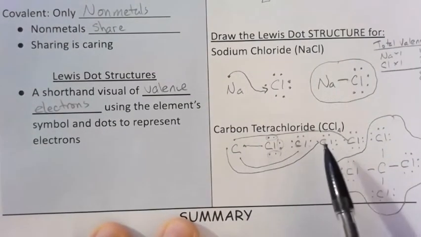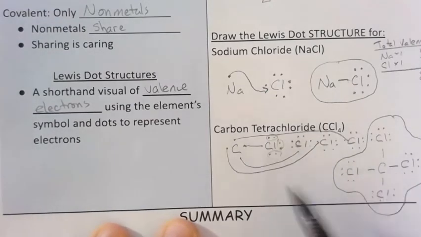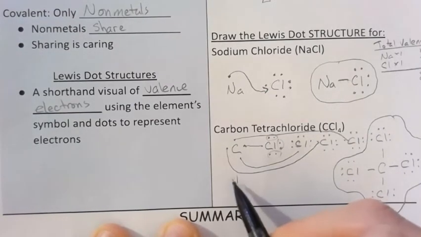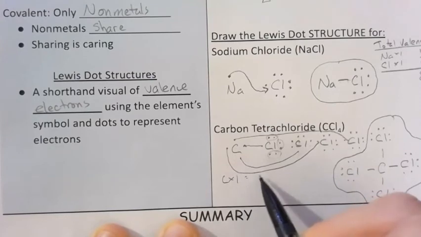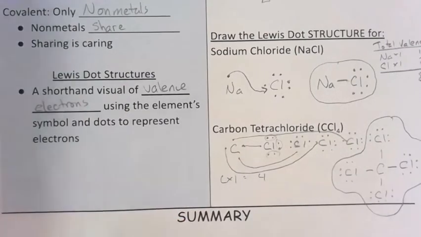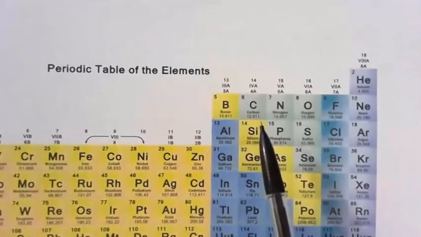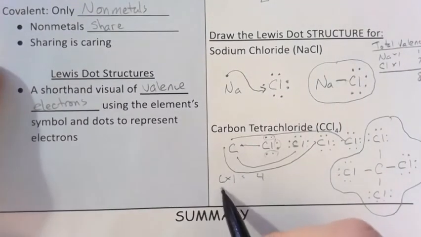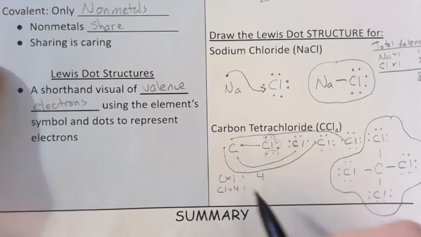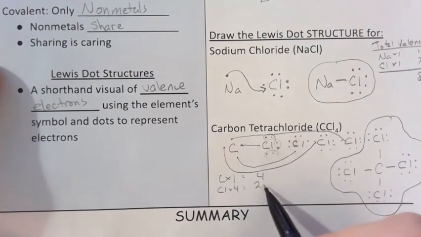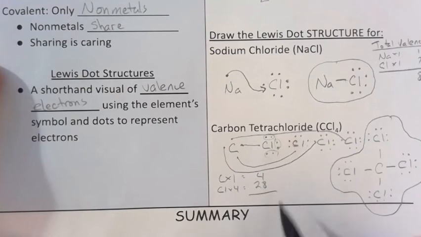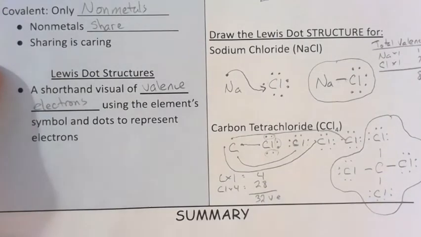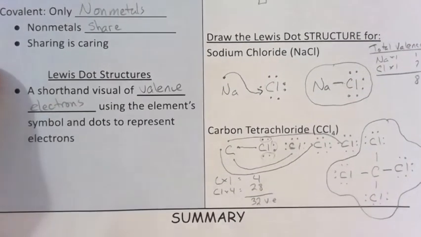When we do our total electron count for carbon tetrachloride, we've got 1 carbon, which is in group 4. So carbon brought 4 valence electrons to the Lewis structure. And we've got 4 chlorines, which each have 7, so there's a total of 28 electrons from all of the chlorines, which means we should have a total of 32 valence electrons in our final Lewis structure.